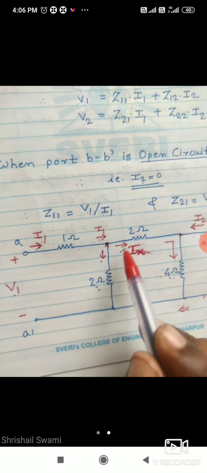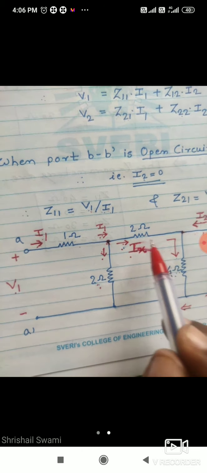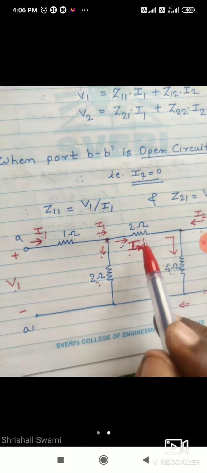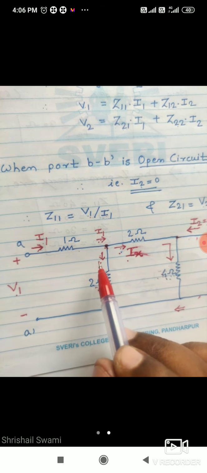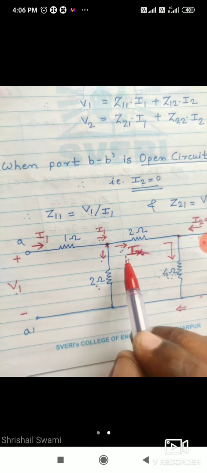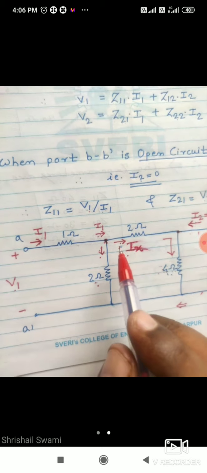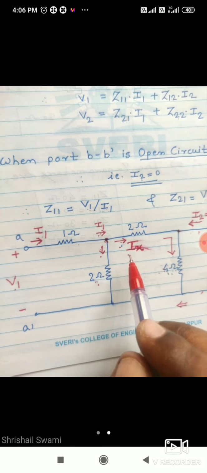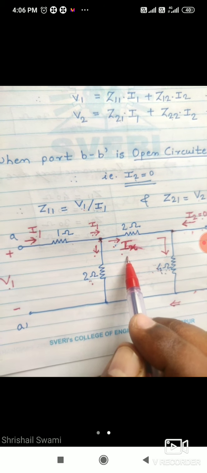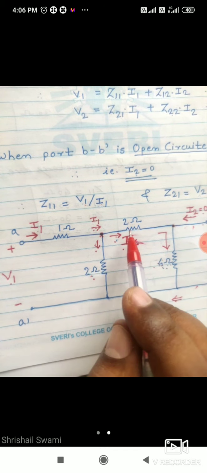So two paths are these. One is 2 ohm and another is 2 plus 4 because these are connected in series. So according to current division, we can find out what will be the value of current flowing through 2 plus 4. So I will give the name of this current as Ix.